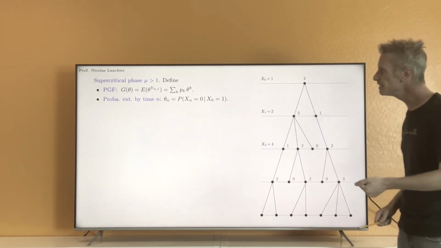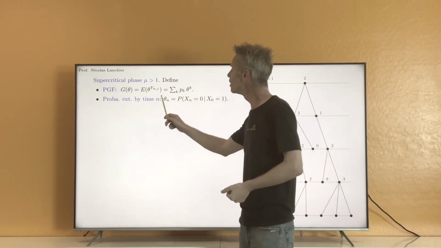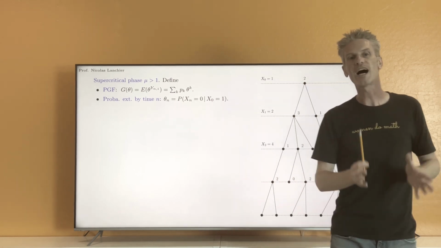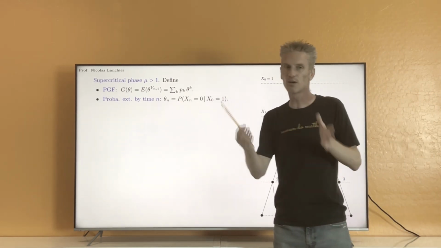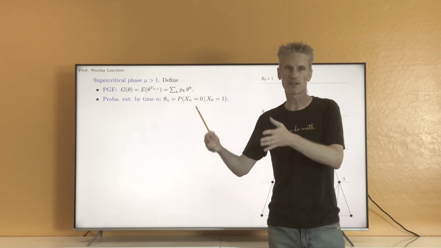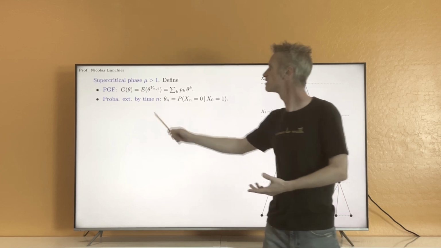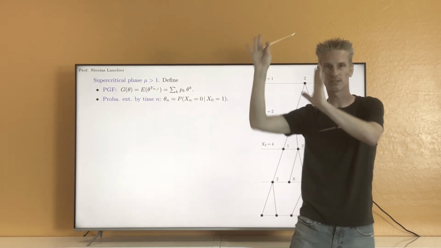And so the idea is going to be to look at theta n plus 1 and try to express theta n plus 1 as a function of theta n. Then we will see that this function g just pops out like that.